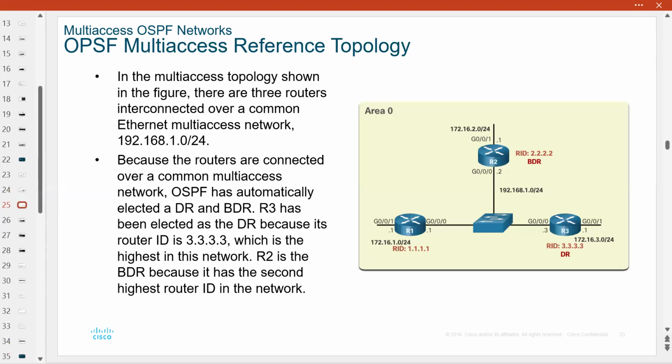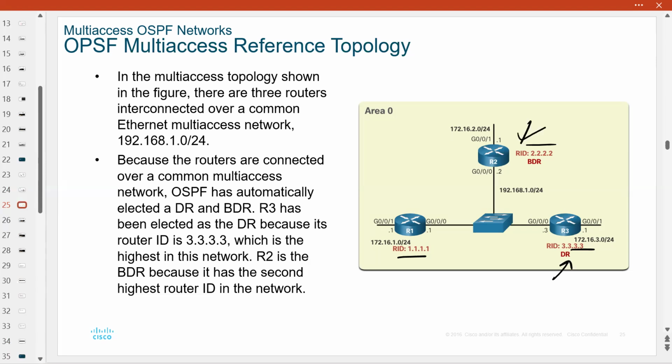Reference topology. This is the reference topology we are going to be using for configurations, a multi-access network. We can see our router IDs here: 111, 222, 333. And from what we've learned, the designated router is the one with the highest router ID. That's why this was chosen as the designated router.